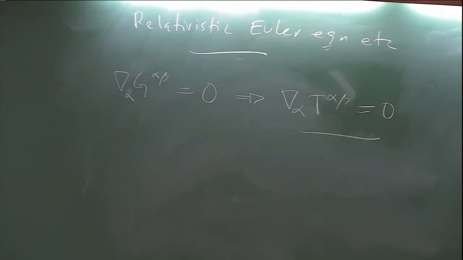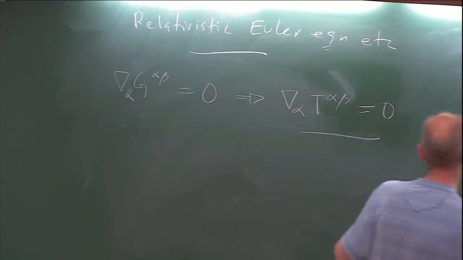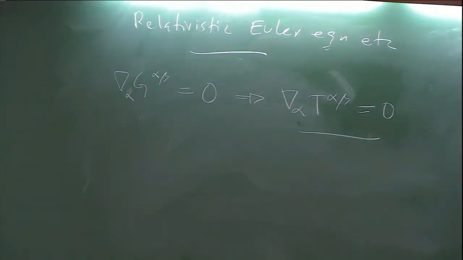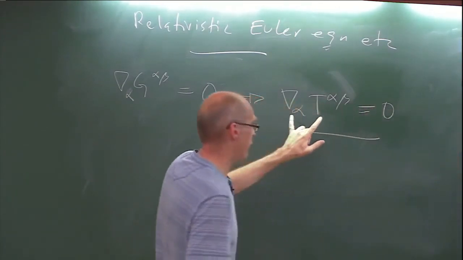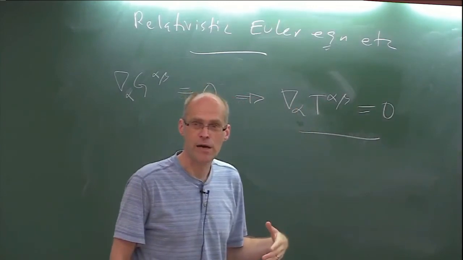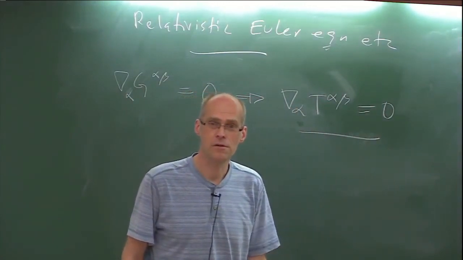And now what people do is they do a very clever counting. They count the degrees of freedom they would have here if they put in the perfect fluid. They see that there are 4 equations here, and the fluid problem has 4 degrees of freedom.